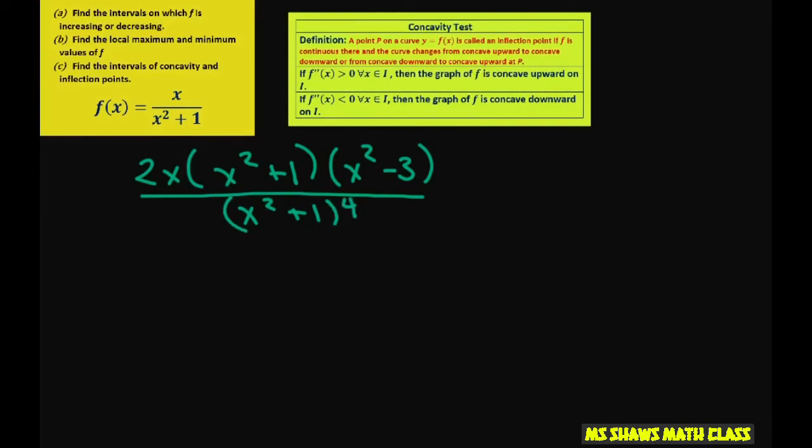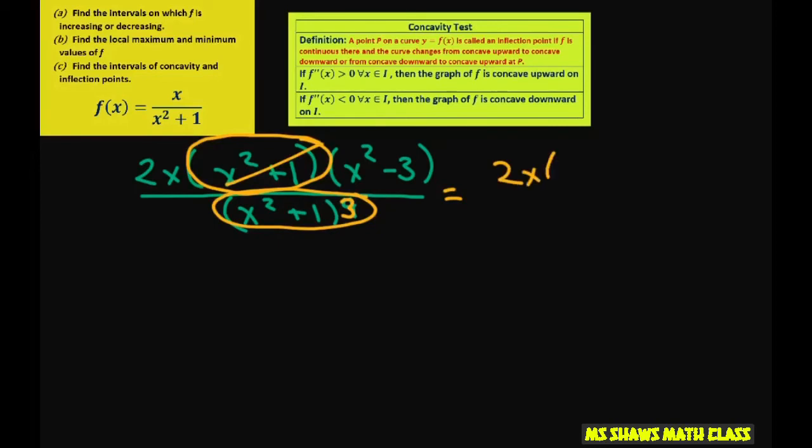Okay, now since we have 2 of these, I can reduce this. That will cancel, and this will change to 3. So basically what we have is 2x times x squared minus 3 divided by x squared plus 1 cubed.